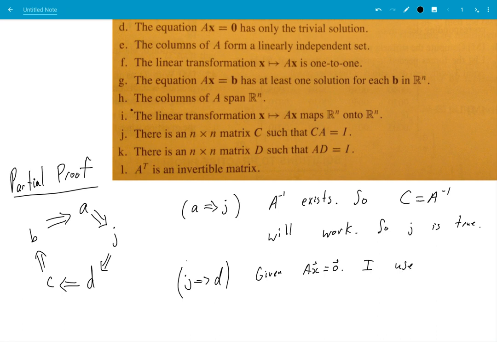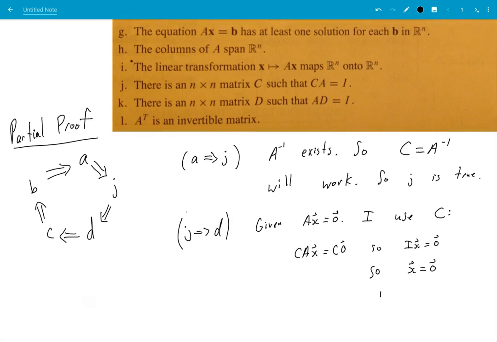And then you use C. I multiply both sides by C. So x is 0 is the unique solution. Okay, so this equation here does indeed have just one solution.